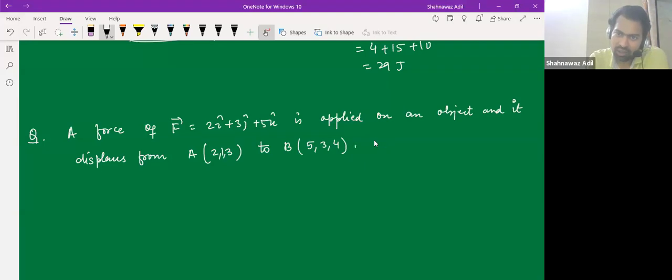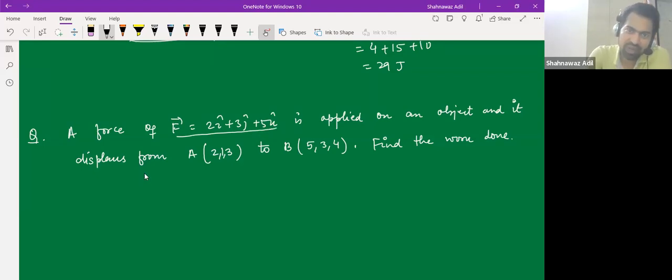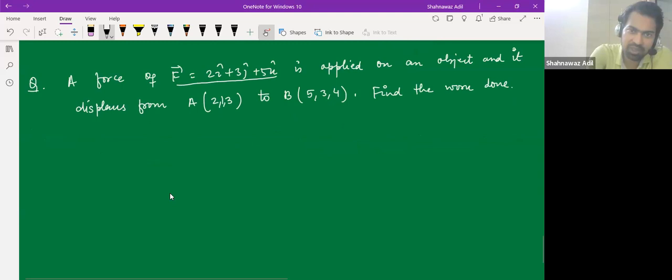Then find the work done. So what is given? F is given, and we have to find the displacement vector.